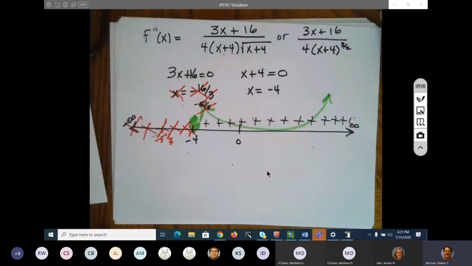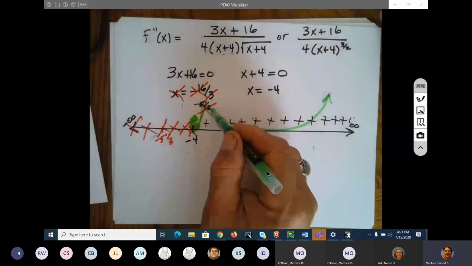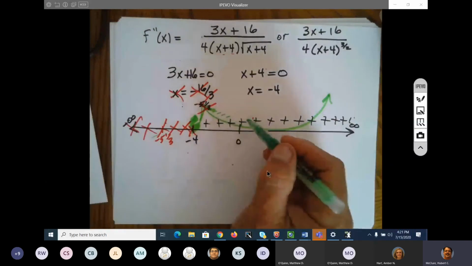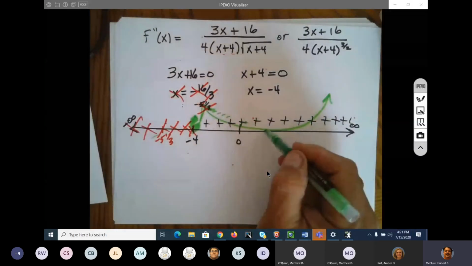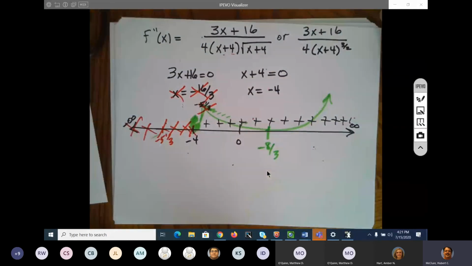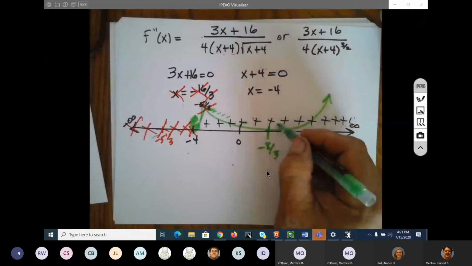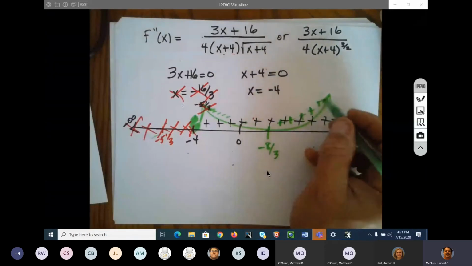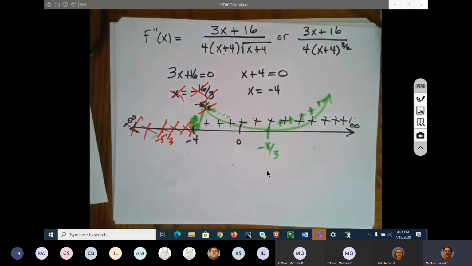So from negative 4, it's decreasing, and then at negative 8/3, that's probably our vertex, and then it's increasing. So that fits because it's concave up.